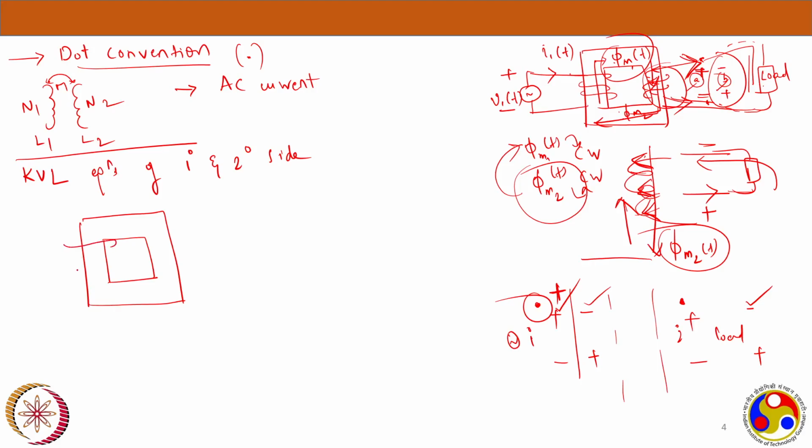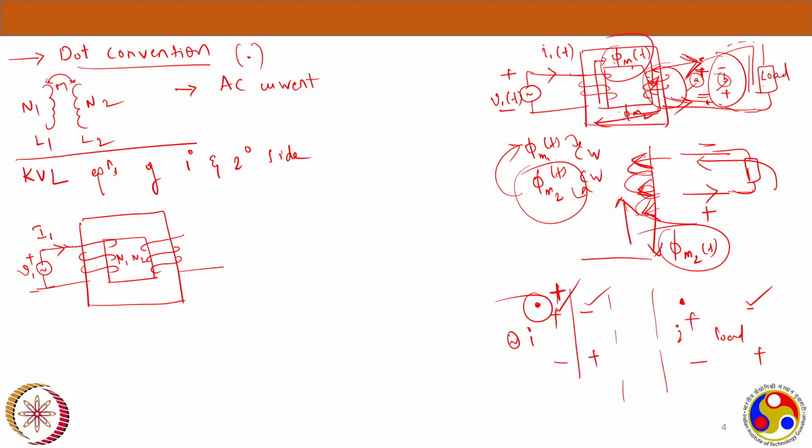Okay. Now there is a primary winding here and there is a secondary winding here. I have given an alternating voltage V1, plus and minus. At this instant I am marking it, and it is causing a current I1 to flow through these N1 turns, and we have N2 turns here.